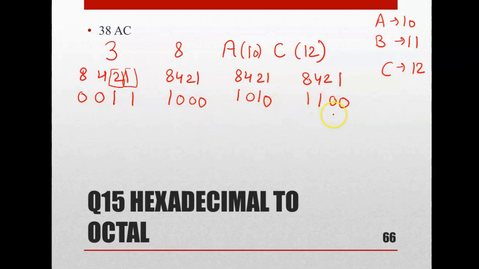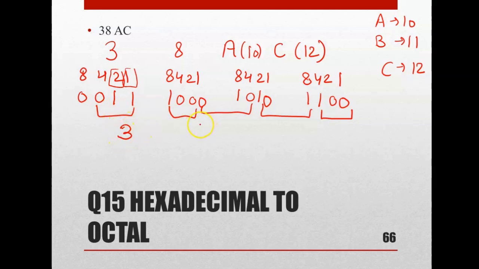For octal, you will go for the pairing of 3. So these 3 together, these 3 together, then these 3 together, these 3 together, and then these 3 together. Now we again just convert each group into decimal form. It is the same rule, only this time we have 4, 2, 1.